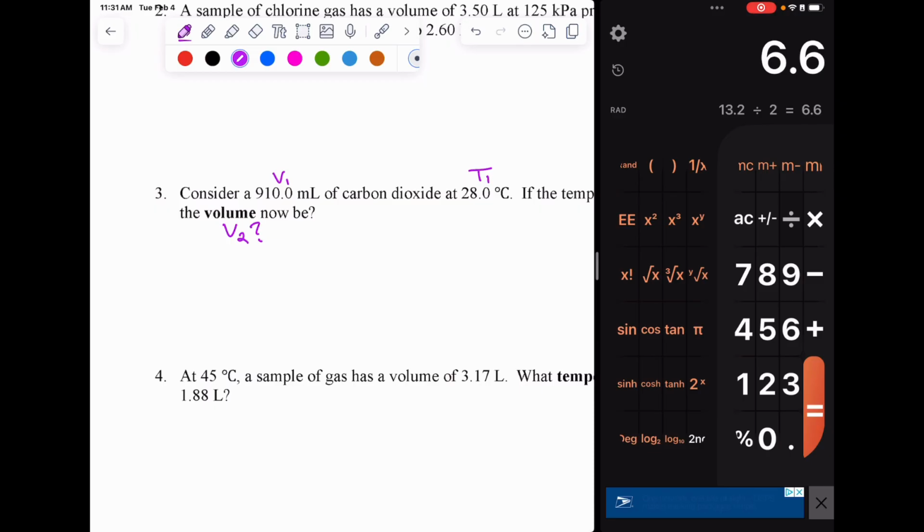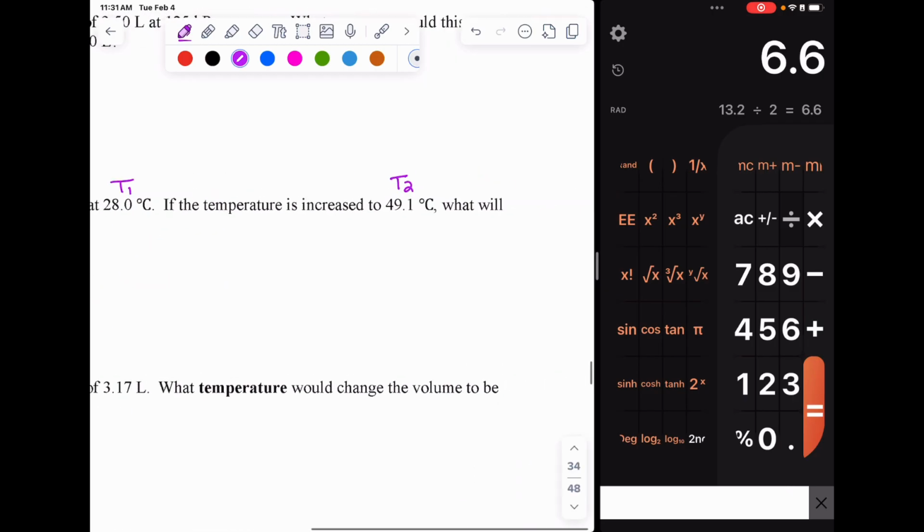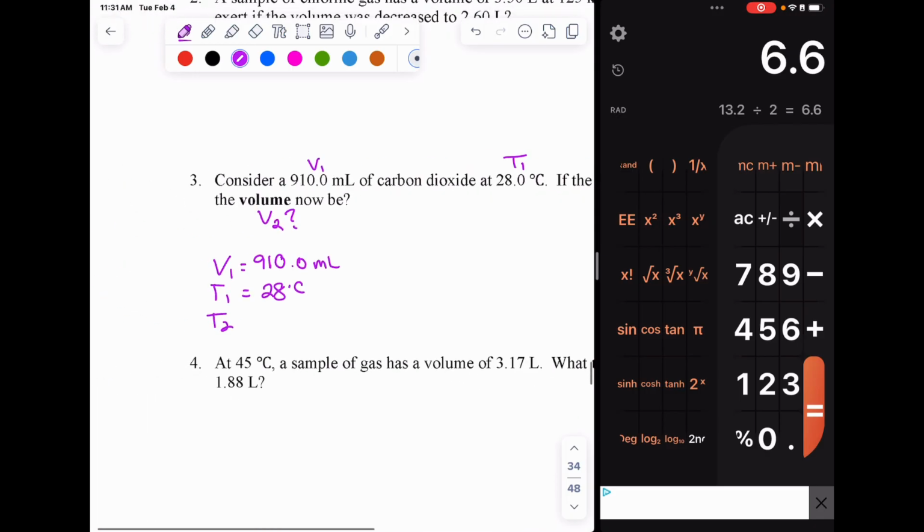So labeling what we have, we know that V1 is 910 milliliters. T1 is 28 degrees Celsius. T2 is 49.1 degrees Celsius. And we are looking for V2.